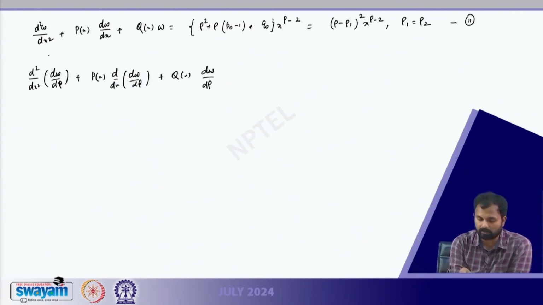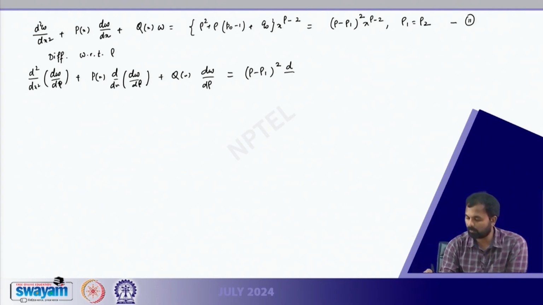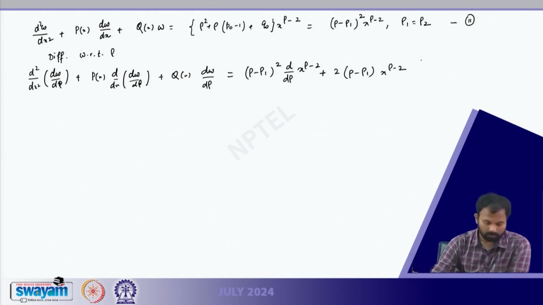We are differentiating with respect to rho. And then on the right hand side we will get rho minus rho 1 whole square d/d rho of x to the power rho minus 2 plus 2 into rho minus rho 1 into x to the power rho minus 2. Let us call this equation number 12.